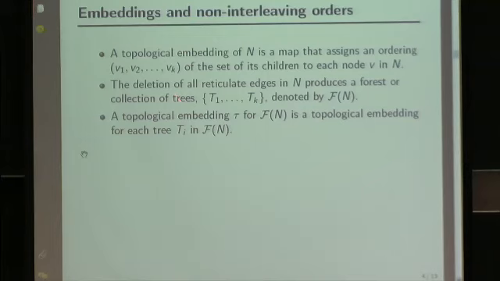You have to be careful, because these are not forced to be phylogenetic trees, because some tree leaves can be labeled. This is why I use the word tree and not phylogenetic tree. And then the topological embedding of this forest obtained by deleting these reticulate edges is just a topological embedding of each tree in the forest.